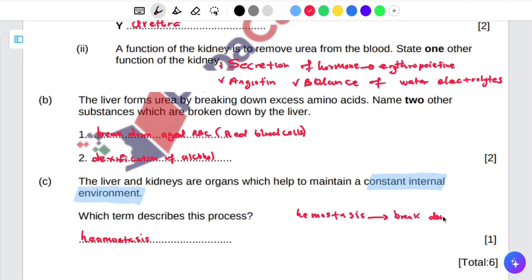When you have a wound, there is a clot, and this process is going to break down the clot. So those are the differences. When you write hemostasis, you mean the breakdown of blood clot. When you write homeostasis, you mean constant maintenance of the internal environment. Those are the things you need to be aware of: wrong spellings.